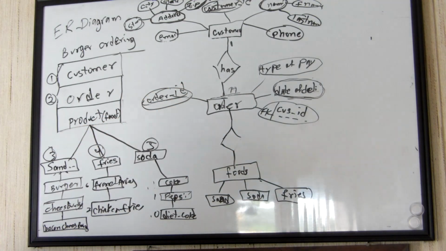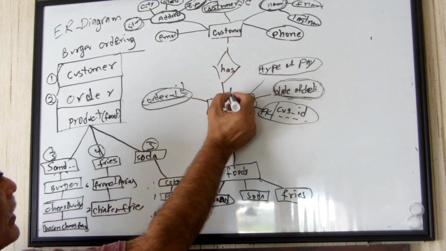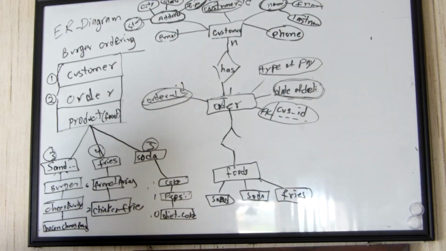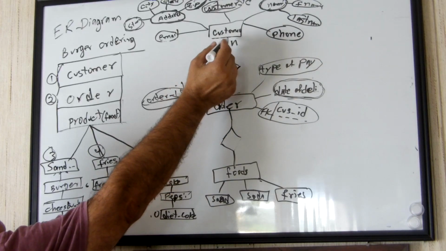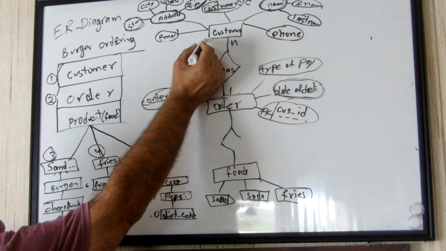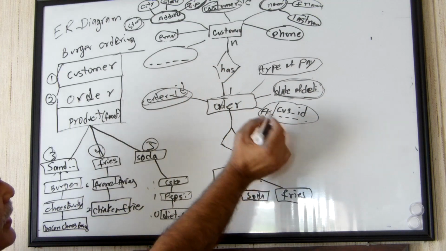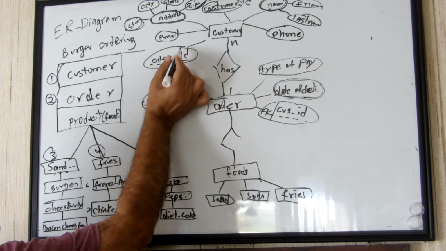If the relation was the other way, 1 to n, or sometimes they say m, then on the other side you would have the order ID as a foreign key.